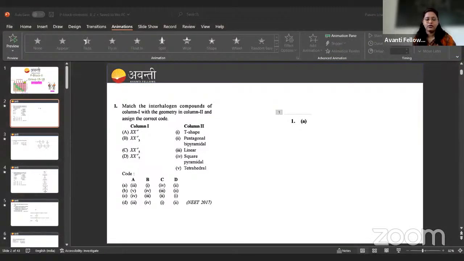I have shown you the options also, A, B, C, D. What we need to do here is match column 1 with column 2. So can you tell me the answer here?